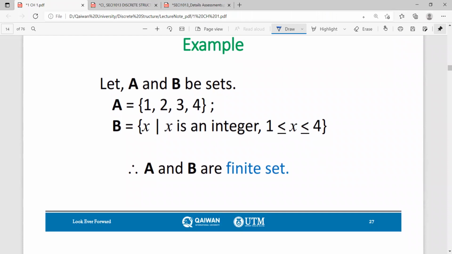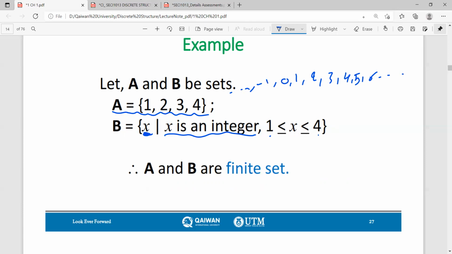Here, let A and B be sets. A is 1, 2, 3, and 4. It's a finite set. We have only 4 elements in the set. B is the set of X, where X is an integer, and X is between 1 and 4, where 1 and 4 are both included also. If you write down the integers, 1, 2, 3, 4, 5, 6, and so on, and on this side also, -1 and so on.